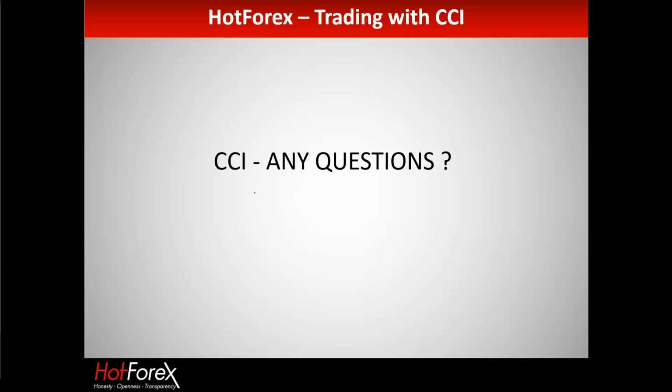So the CCI, remember, for 1 hour setups, you want to set it at plus and minus 190. And for M5, M15, the ones we've just had a look at, for M5, you want it to be set to 55.